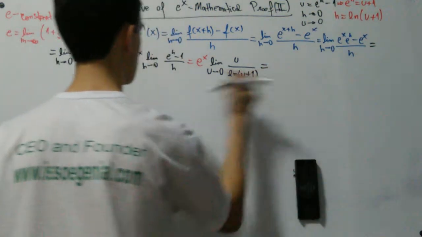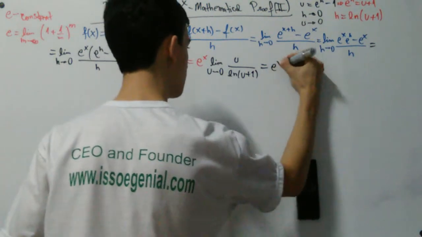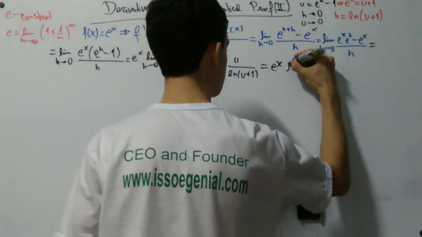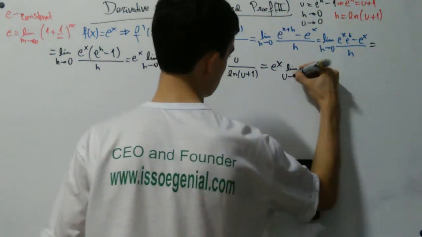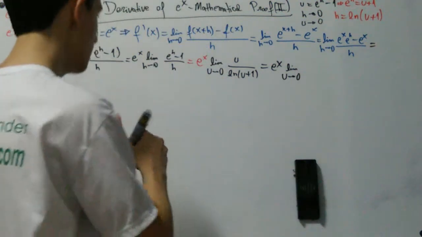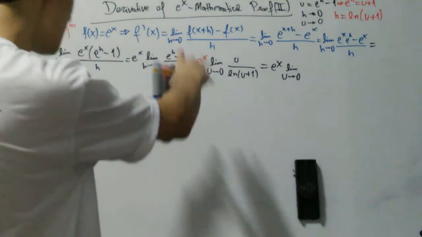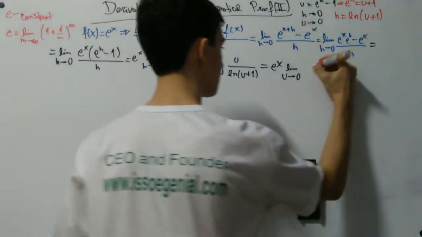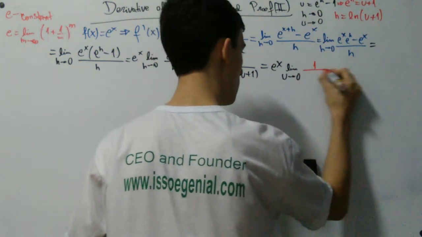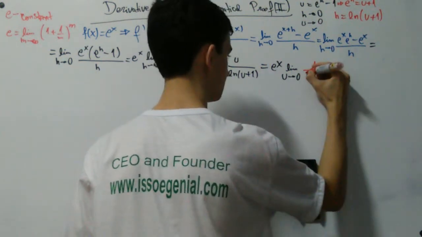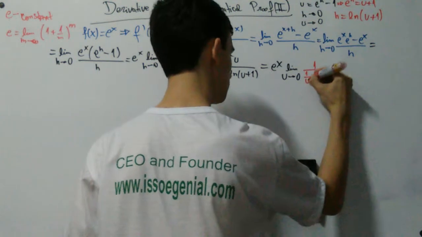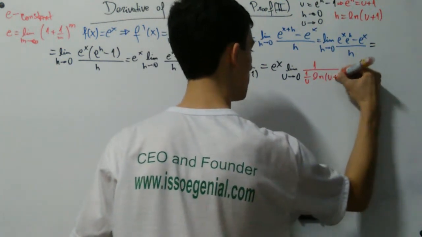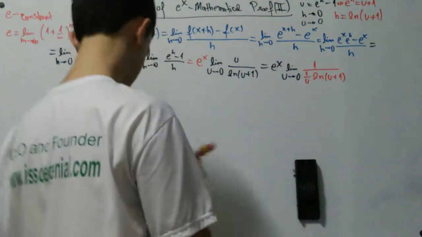Let's go on here. Our e to the x remains the same. And we have the limit when u approaches 0. And now, we're going to do a math manipulation here. So this is going to be 1 over, now, 1 over u times natural log of u plus 1.